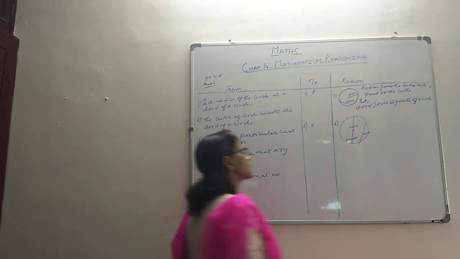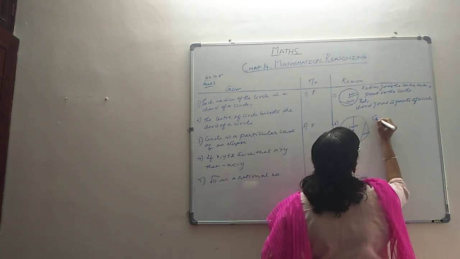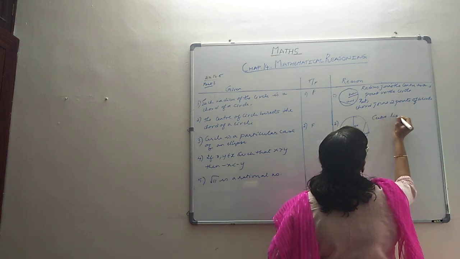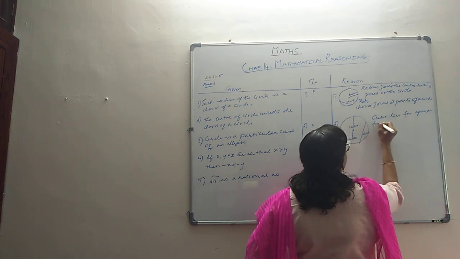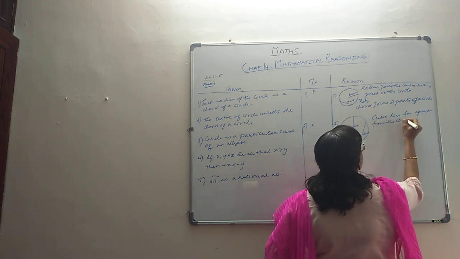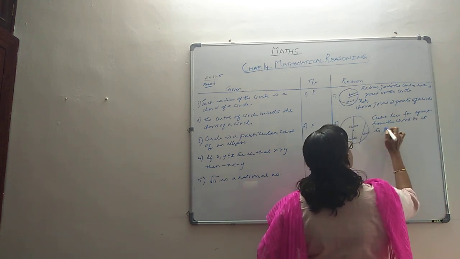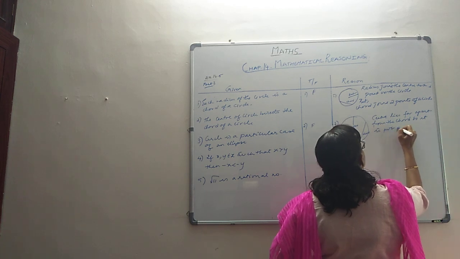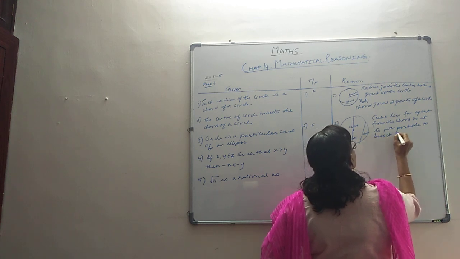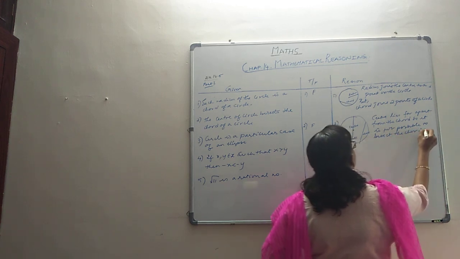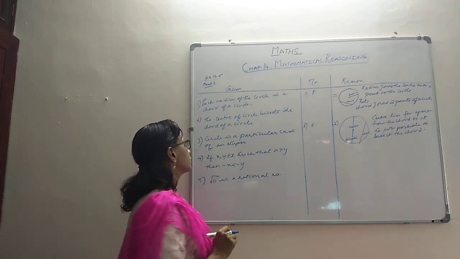So we can say it's a false statement, because the center lies far apart from the chord, so it is not possible to bisect the chord. Only in the case of a diameter can it happen, not everywhere.